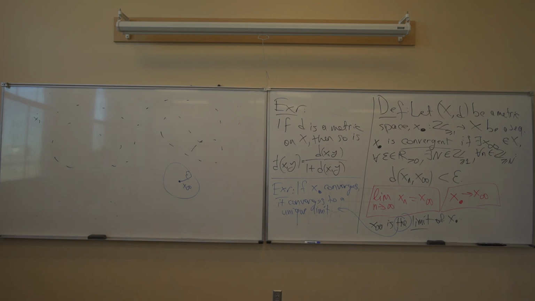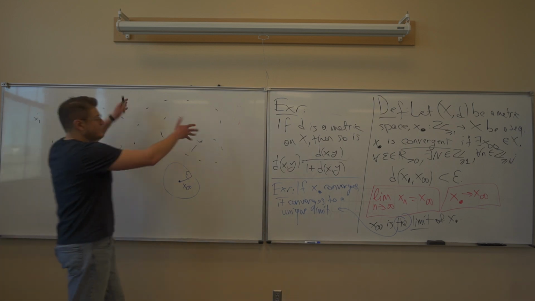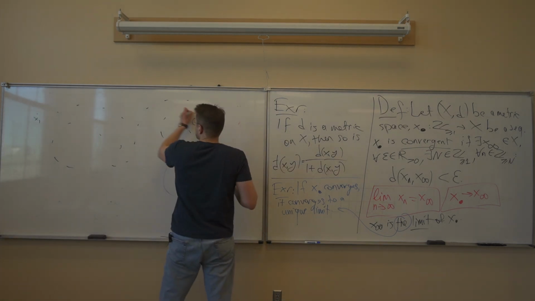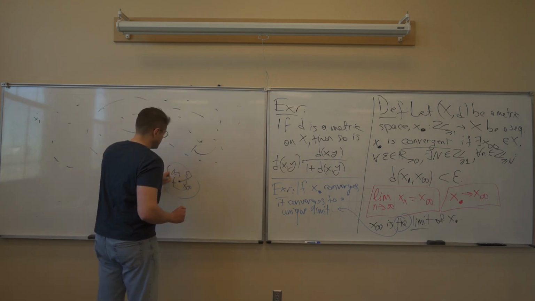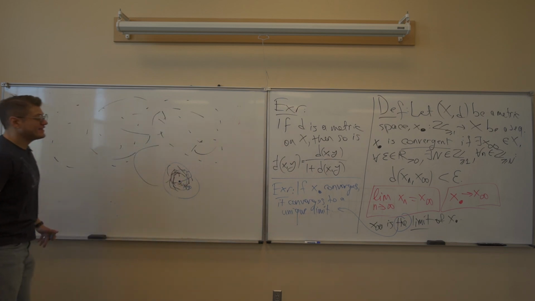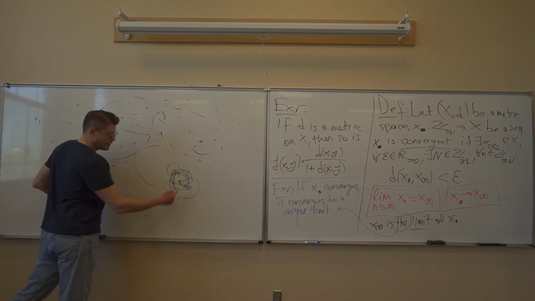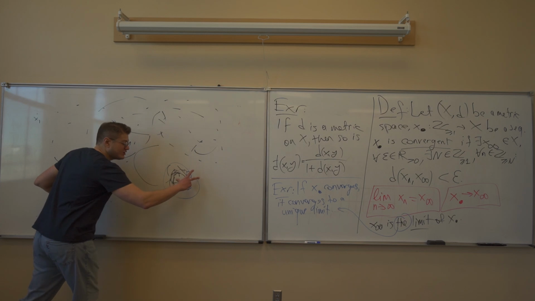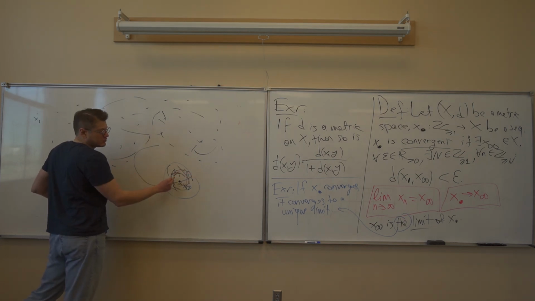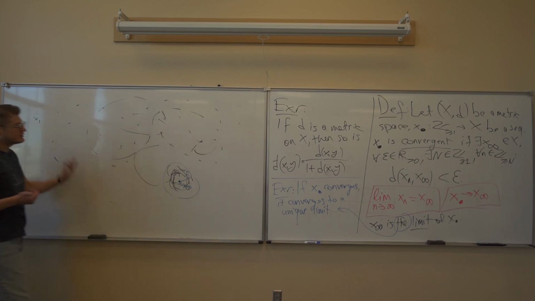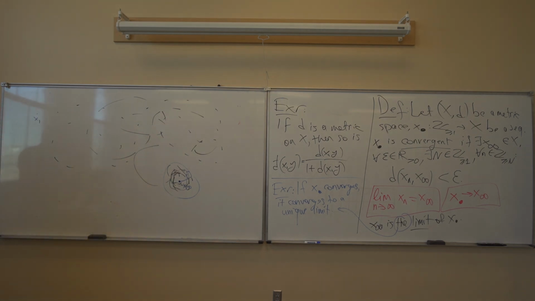Maybe initially this sequence just goes to bizarre places, but eventually it cannot escape this epsilon ball around the target. If you can shrink epsilon arbitrarily small to 0, then you say that this sequence converges to the target. We're going to talk more about this on Friday, but I think it's a good place to stop. Thank you.